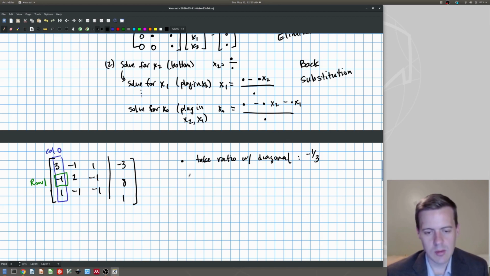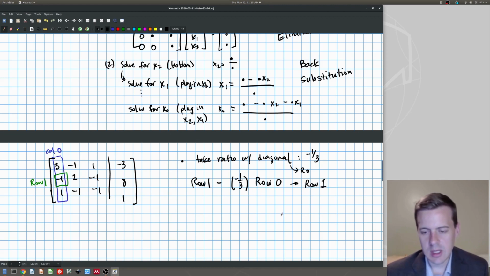What I'm going to do is take row 1 minus 1/3 row 0. So I'm going to compare to the diagonal here, which is on row 0. I'm going to take that ratio, and then take that whole row 1 and work on doing minus 1/3 times row 0, adding it to row 1, and I'm going to use that to replace row 1.